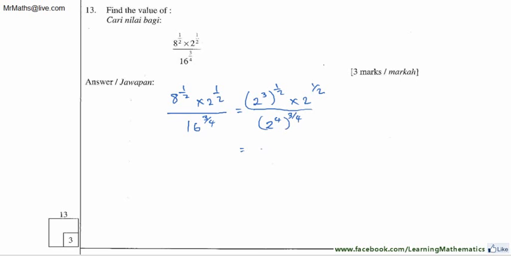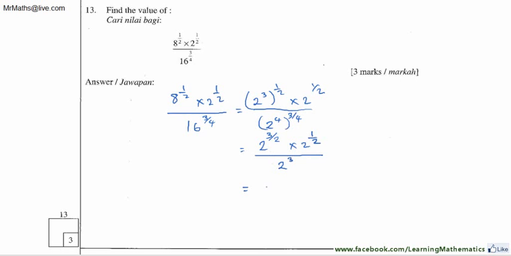Alright, then this becomes 2 raised to the power of 3 over 2 times 2 to the power of half. Let me write it nicely. Over 2 to the power of 3, because 4 times 3 over 4 is 3.